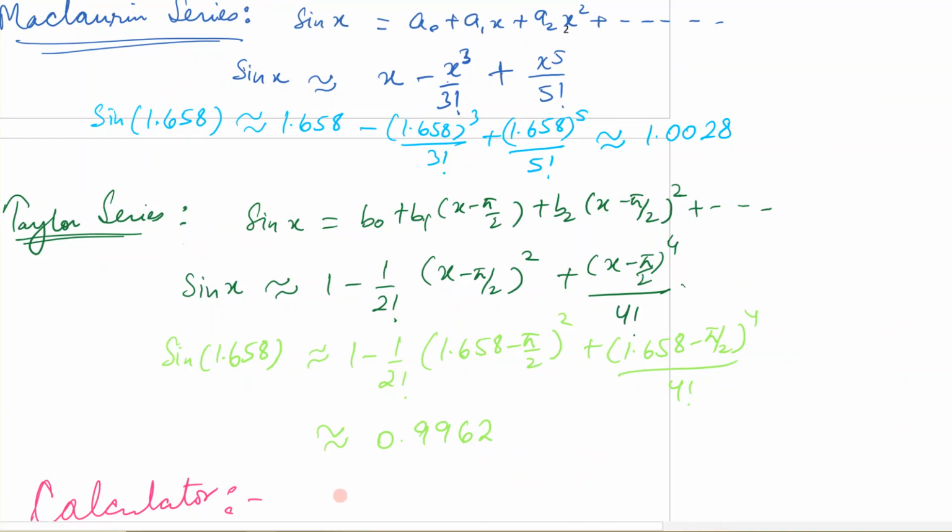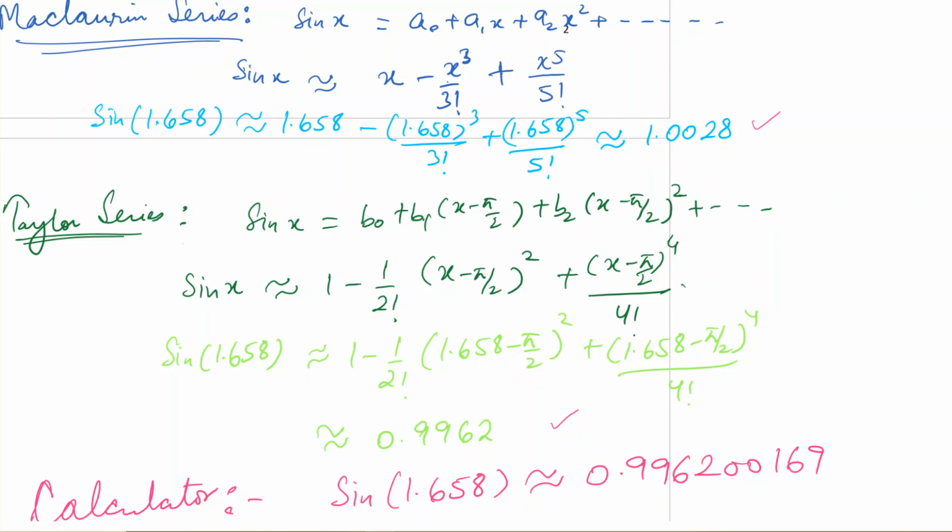If we use a calculator, we get sine of 1.658 is approximately 0.996200169. And we notice, which one is the better approximation? We notice that the Taylor series gives us a better approximation than the Maclaurin series. They both are pretty close, but this is closer.